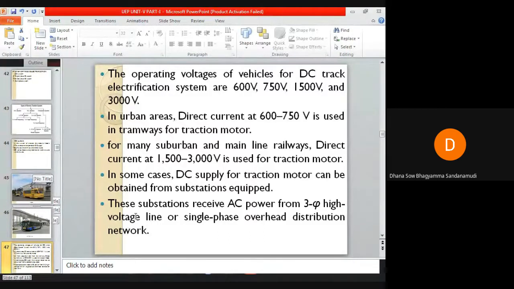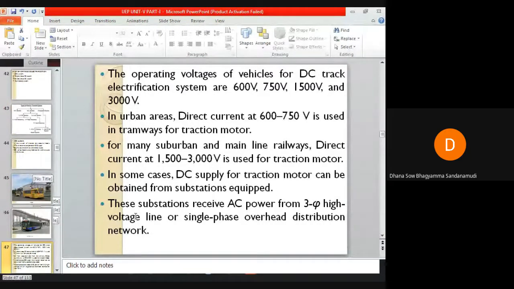The operating voltages of the vehicles for the DC track electrification system are 600 volts, 750 volts, 1500 volts, and 3000 volts.